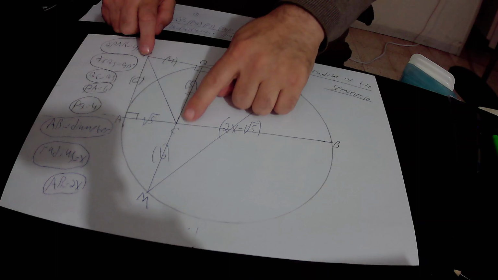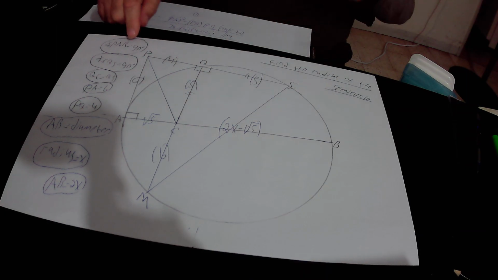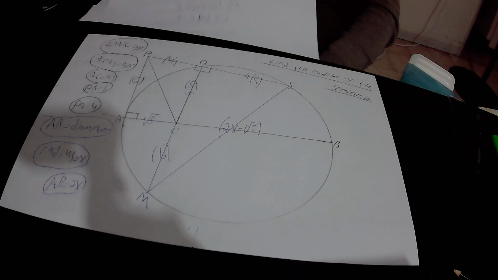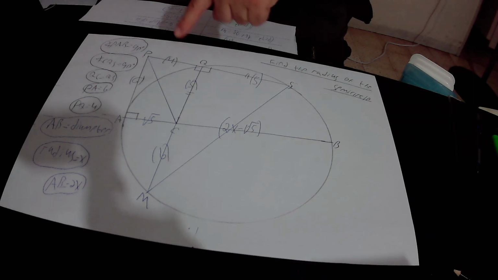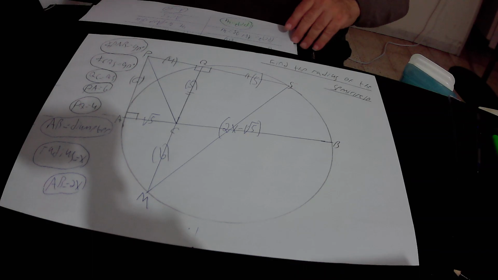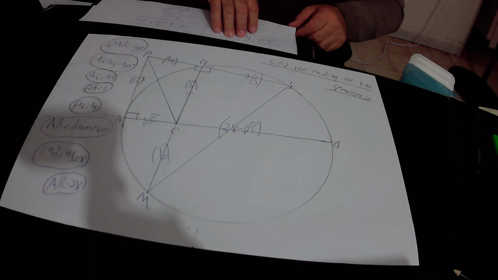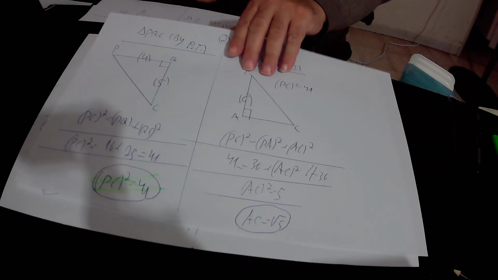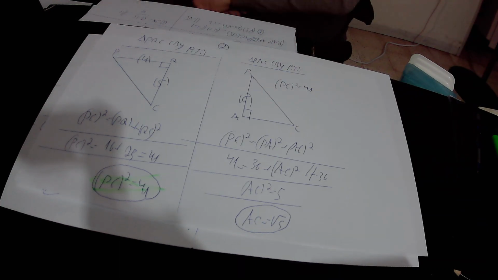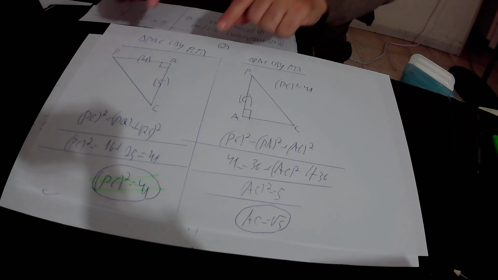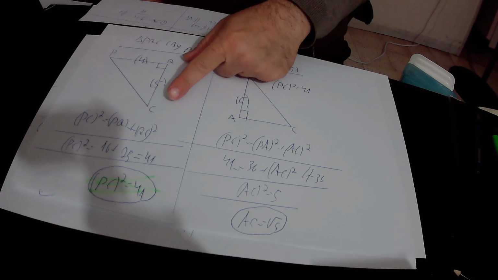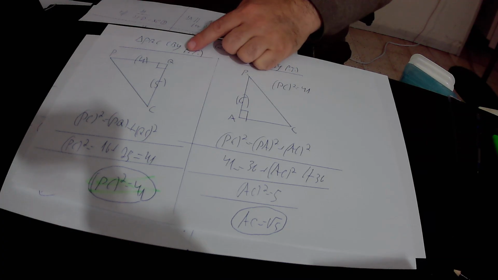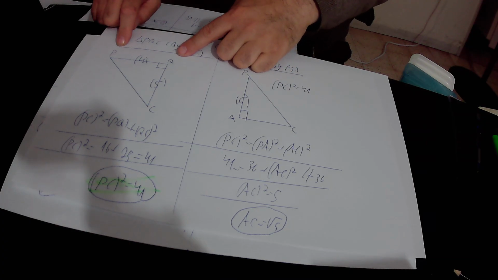Then we join points P and C together by a straight line. In this way, we created the right triangle PQC. I copied the right triangle PQC onto a new page, and we implemented the Pythagoras theorem in it. Side PQ equals 4 units in length, and side QC equals 5 units, according to what we already found out, and PQ equals 4 according to what is given in the question.